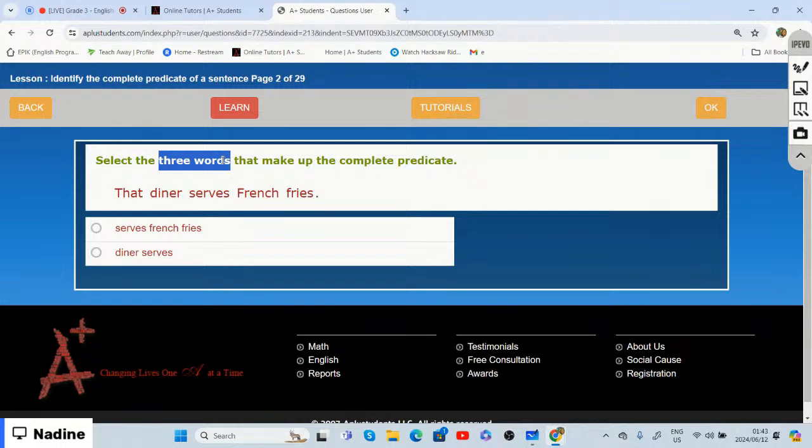If we were to select our predicate, they said it's three words. Remember, I said we start with the actual verb, and then all the other words that come after that verb. So if we must select three words that make up a complete predicate, it will be serves French fries, because it's the verb plus any other words that come after the verb. So serves French fries is correct. Well done.